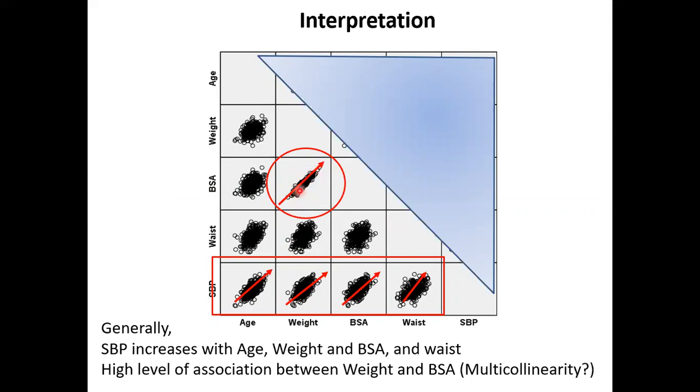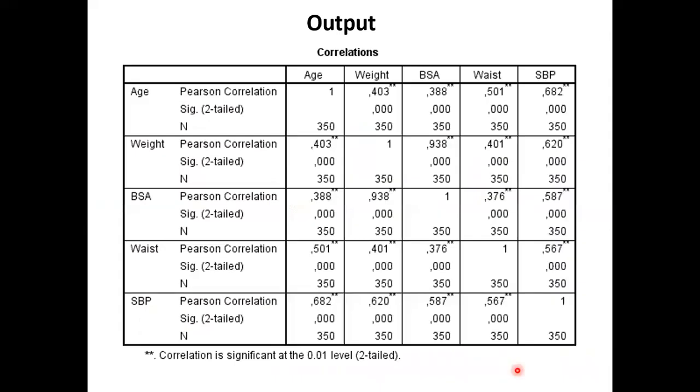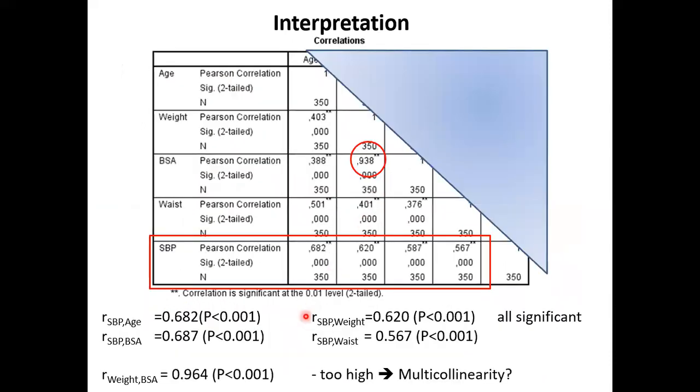Next, the example we saw in the scatter plot between BSA and weight. They are closely knit. Most likely there may be a problem, but we can't confirm it. Then the correlation we found was 0.938, which is more than 0.9. So we suspect there could be a problem between BSA and weight.